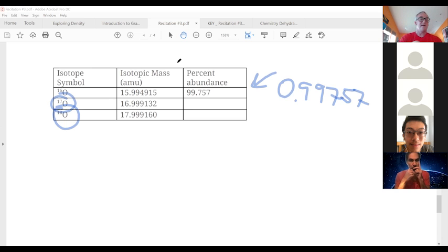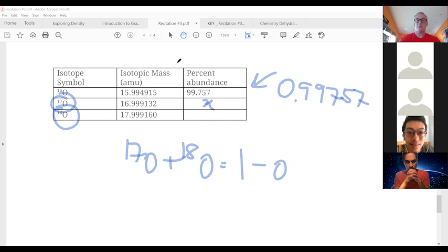Now let's say the abundance of oxygen 17 is X. Don't know what it is, so we're just going to have to solve for X. So if that's the case, what's the abundance of 18? Well, we know that the abundance of 17 plus 18 equals 1 minus 0.99757, right?